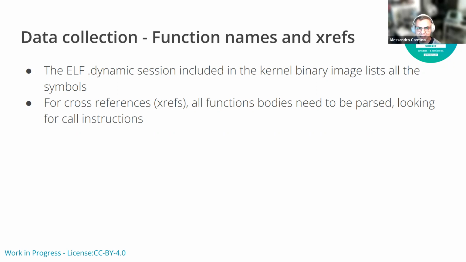Function name extraction is then easy. It's just a matter of parsing this table. Cross-references, on the other hand, are not directly reported by any ELF section. This means that in order to add them, the function bodies need to be parsed one by one, looking for call instructions.